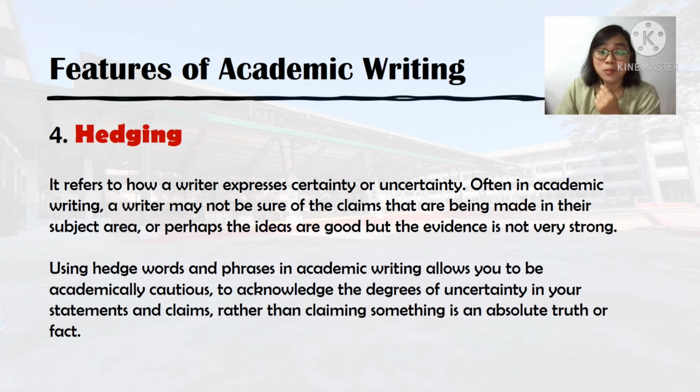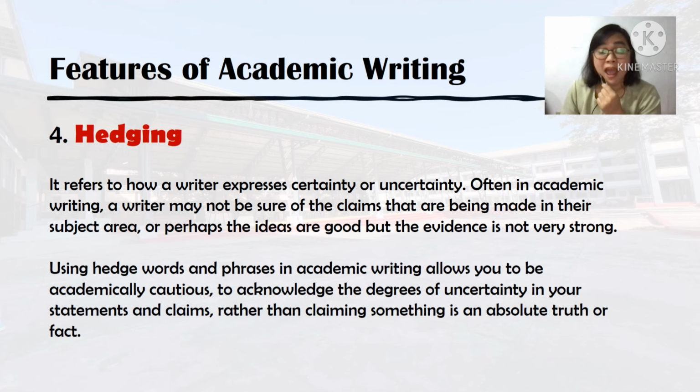Let's now move on to the last feature of academic writing, which is hedging. Hedging refers to how a writer expresses certainty or uncertainty. Often, in academic writing, a writer may not be sure of the claims that are being made in their subject area.